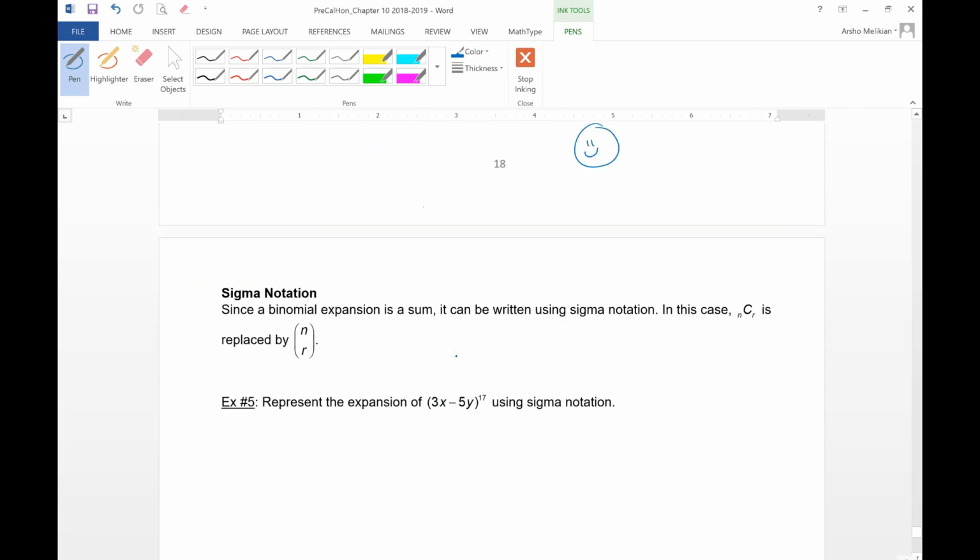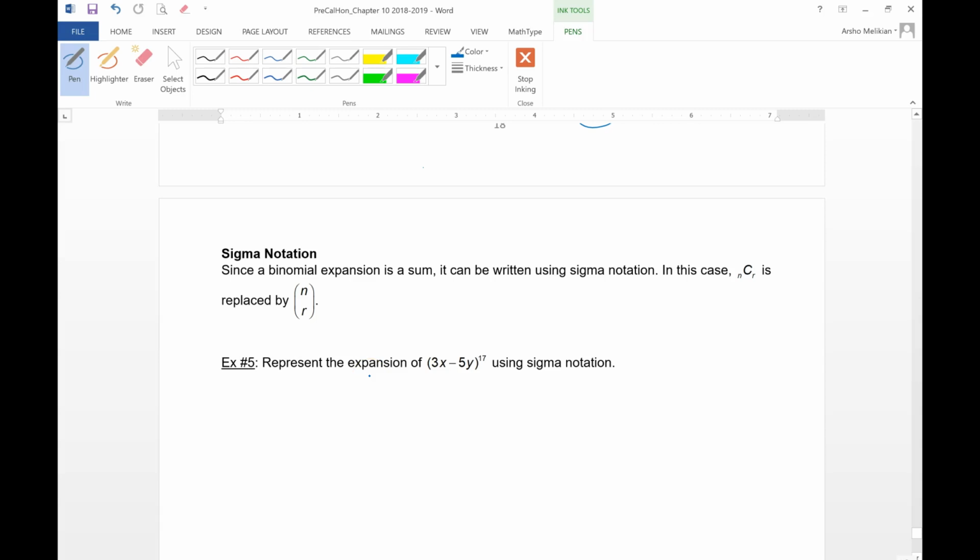So we could easily write this in sigma notation. Since it's just a sum, it could be written in sigma notation. Mathematically though, you can't use that notation inside a sigma. Instead, however, there is an equivalent notation.